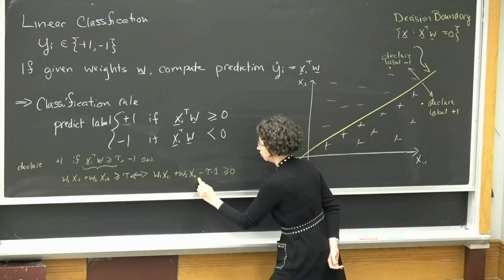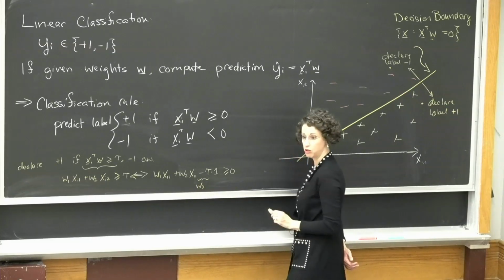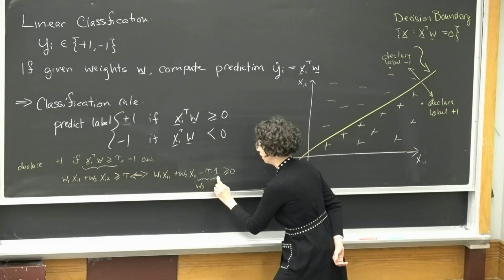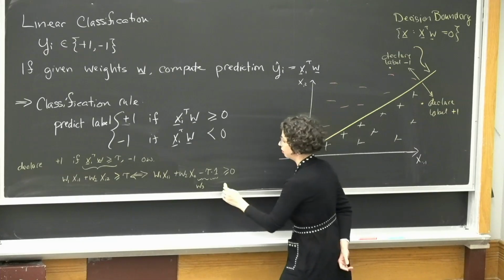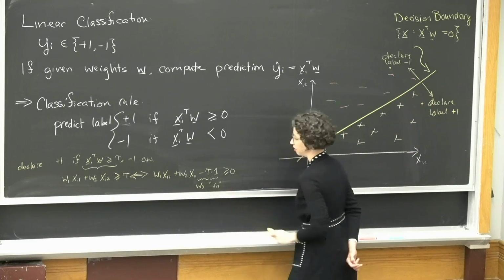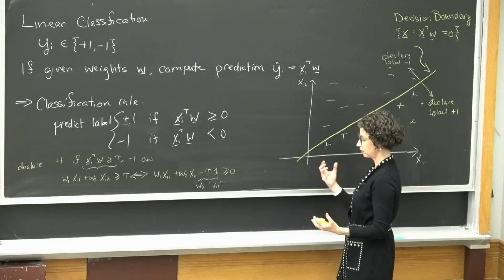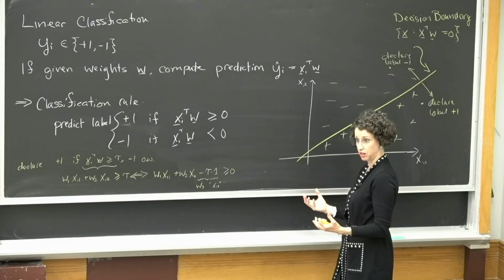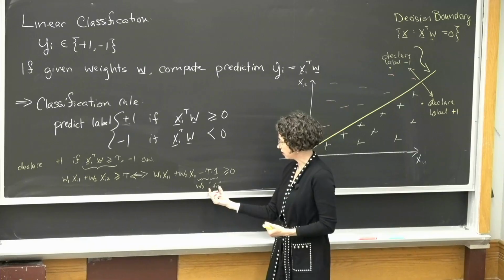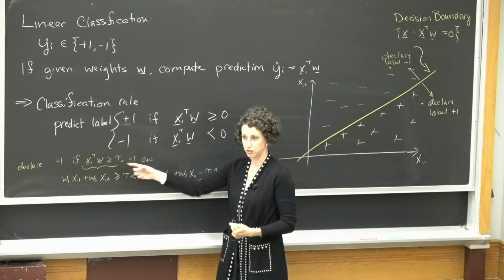And so what I can do is I can just declare this negative tau as my third weight, W3, and my 1 here as being part of my augmented feature vector. Let's just call it xi3. So I could form an additional feature that is just a constant. And by doing that, I'm essentially allowing myself to learn a good threshold here.